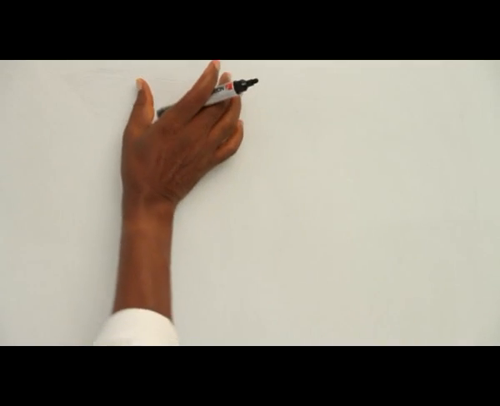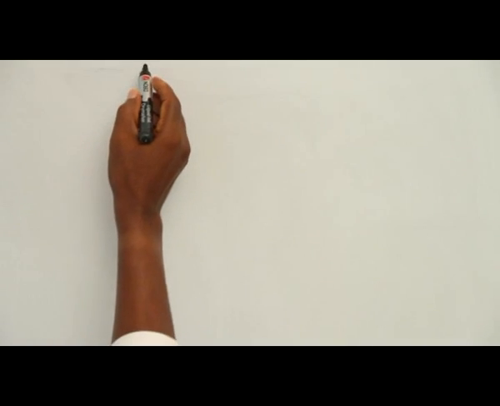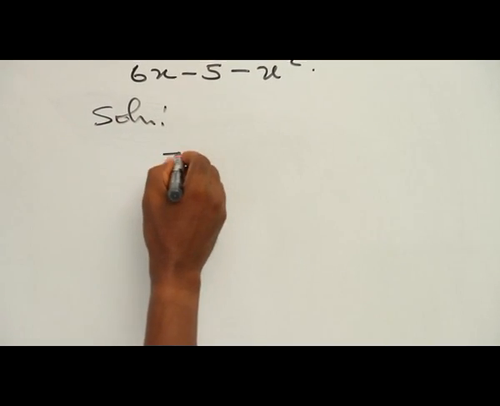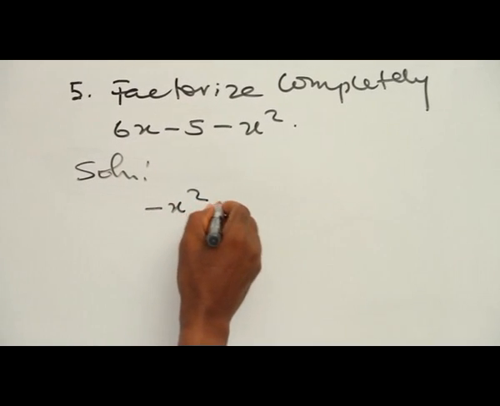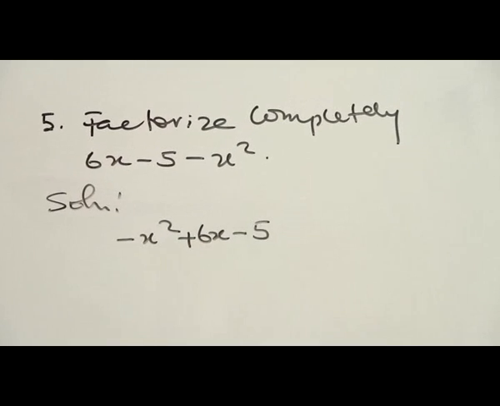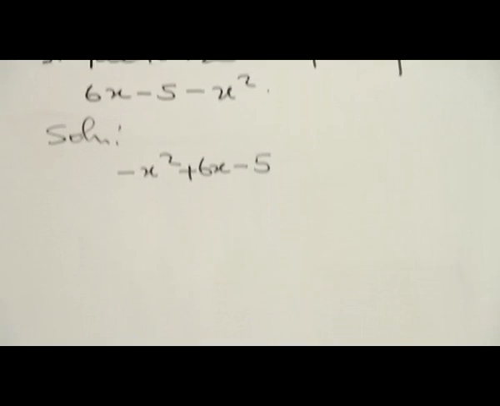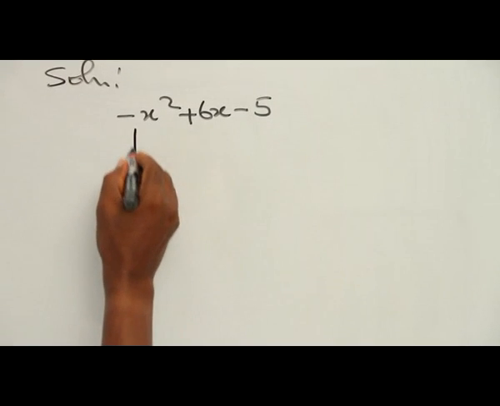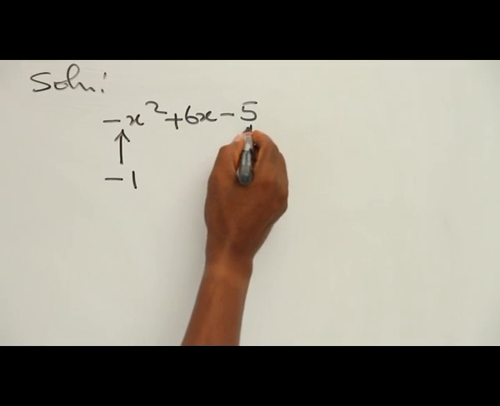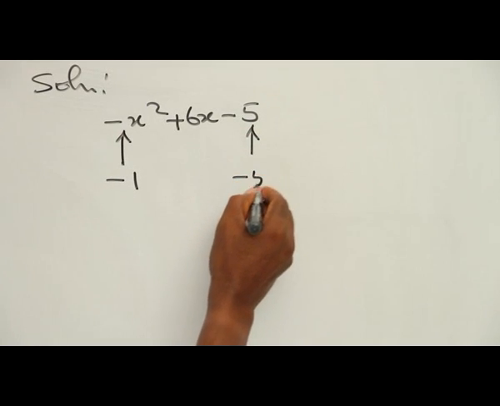We can also rearrange these terms in such a way that we have minus s squared plus 6s and minus 5. And of course, the coefficient of s squared is minus 1. The constant term is minus 5.